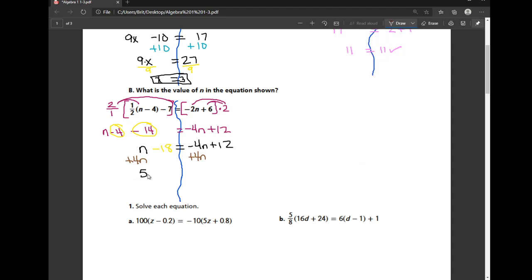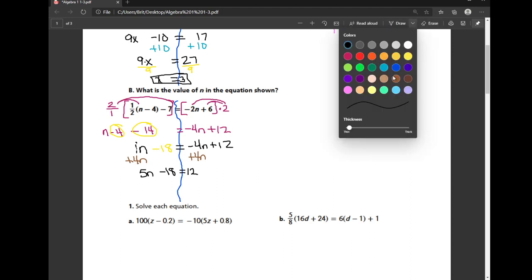So this turns into 5n minus 18 equals 12. If you're wondering where the 5 is coming from, remember if you just have a letter by itself, there's an imaginary 1 sitting in front of it. My imaginary 1 isn't drawing so hot. There we go. There's my imaginary 1. So 1n plus 4n is the 5n.